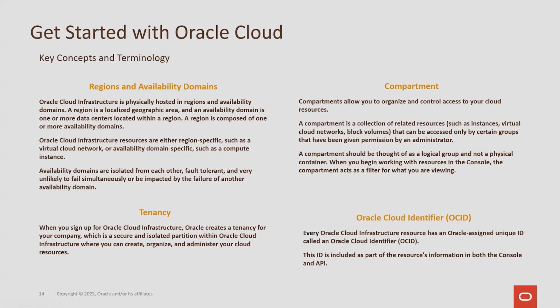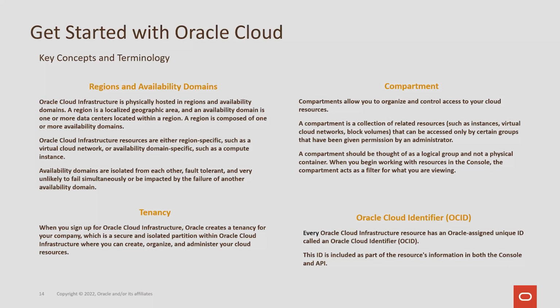The availability domain is one or more data centers that are located in these regions. They are isolated from each other. They have their own infrastructure, their own hardware, and being isolated from each other and fault tolerant, it is very unlikely for them to fail at the same time.